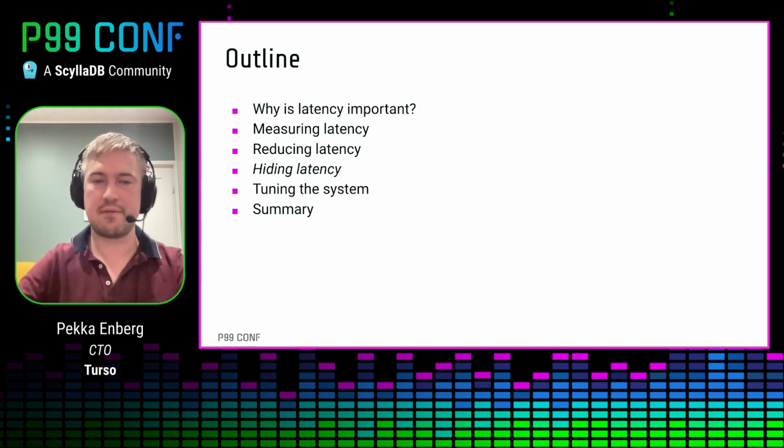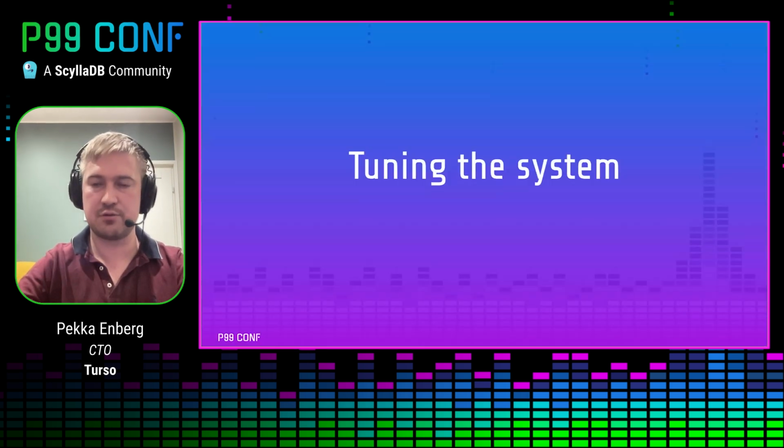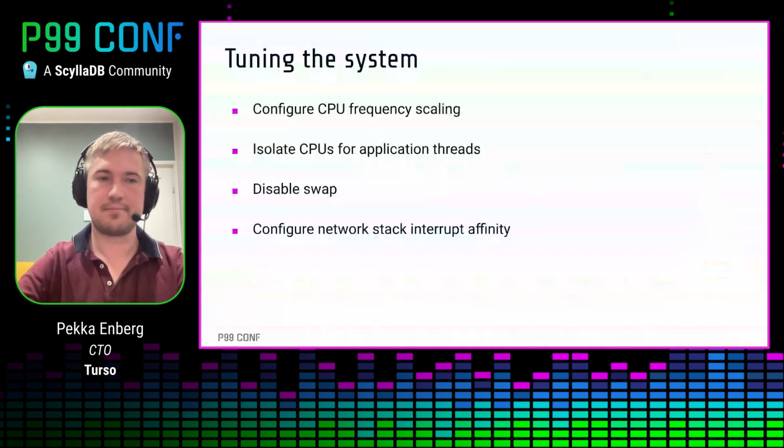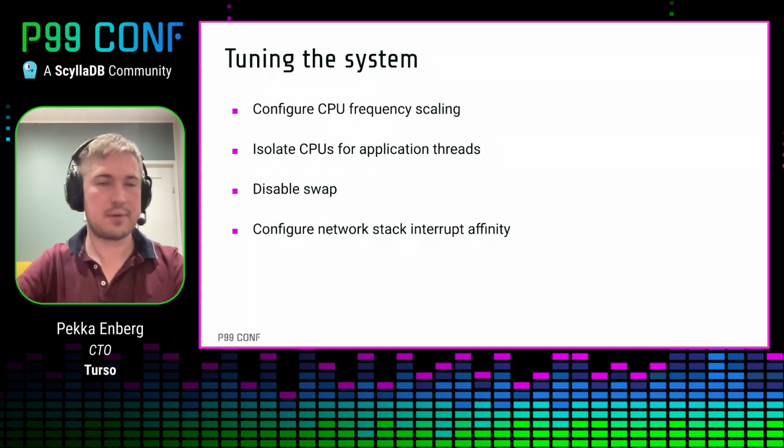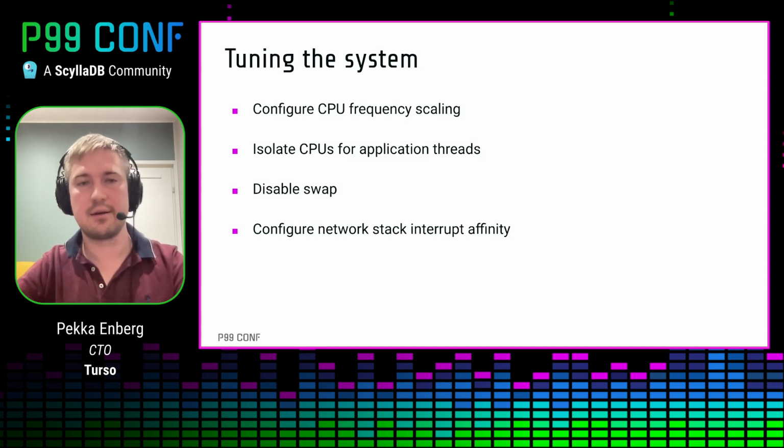Then finally, just have a really brief look at tuning the system. So what kind of things you can do just by essentially configuration. The first and probably most obvious one is to configure something called CPU frequency scaling. CPUs tend to scale down their frequency to reduce energy consumption.